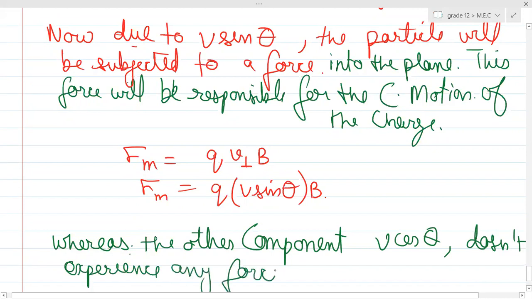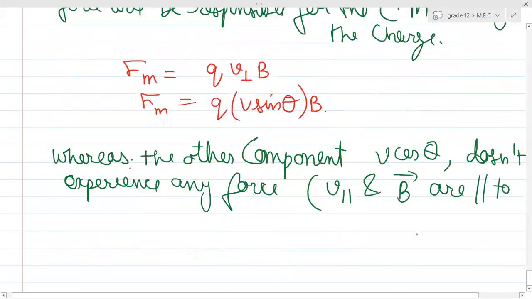Why doesn't it experience any force? Because V parallel and magnetic field are parallel to each other, right? And I told you very clearly that whenever magnetic field and velocity are parallel to each other, then there is no force. There is only force when they are perpendicular or at an angle, right?